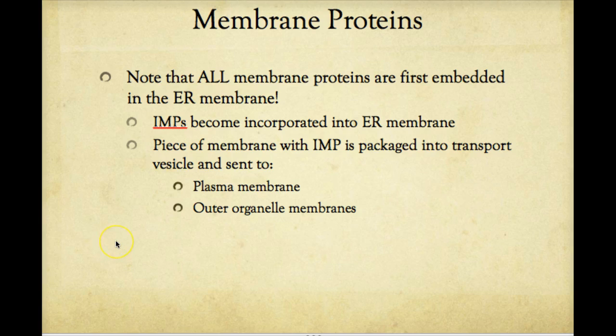So integral membrane proteins, IMPs on this slide, are going to be incorporated into the ER membrane, and then that little piece of membrane with the IMP in it is going to bud off of the ER into a transport vesicle. And that transport vesicle will be sent to either the plasma membrane or some outer organelle membrane, where it will fuse with that membrane, and the IMP will be in place.